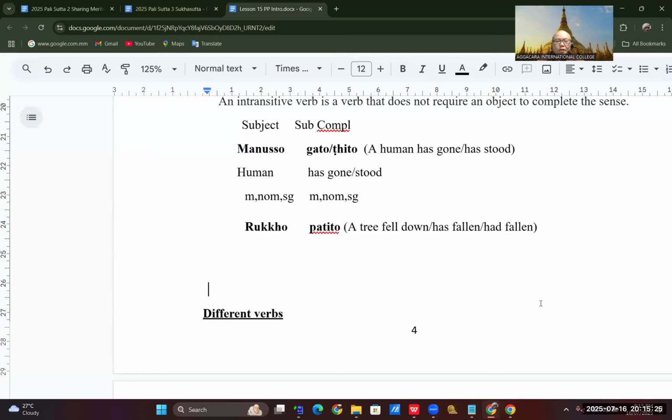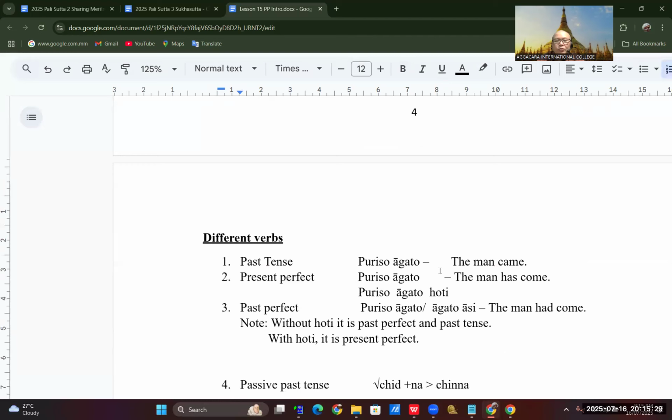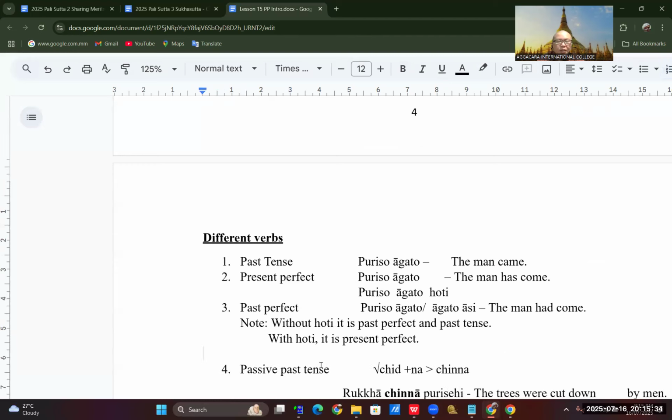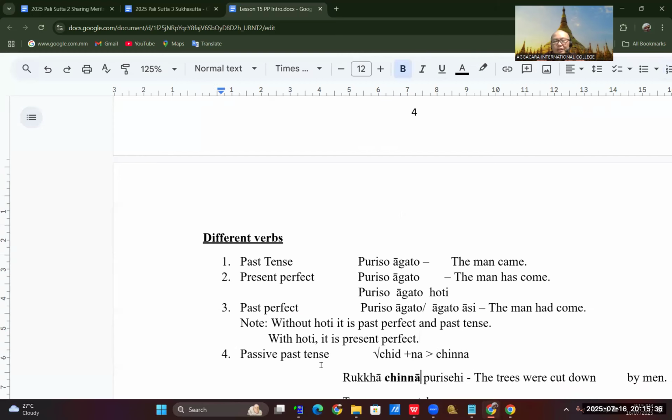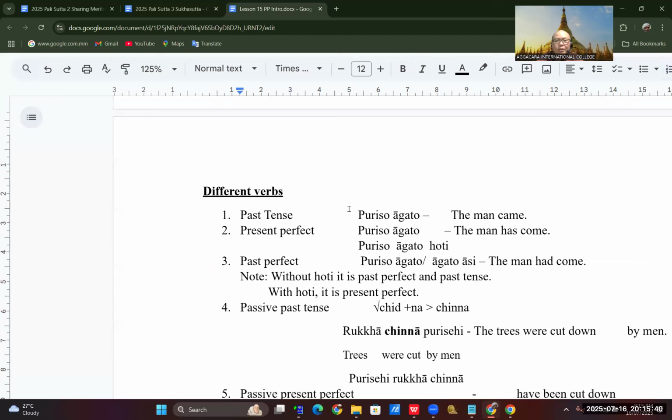Now, so far we have learned different types of verb. Now, what is possible with the past participle? This is why the past participle is very complex, because it involves different types. For example, puriso ago, the man came. Puriso agato, the man has come. This is called present perfect. If you want to put hoti, puriso agato hoti, the man has come also.